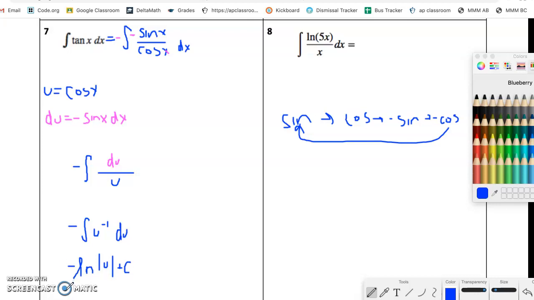So we're going to have negative ln absolute value. My u is cos x plus c.